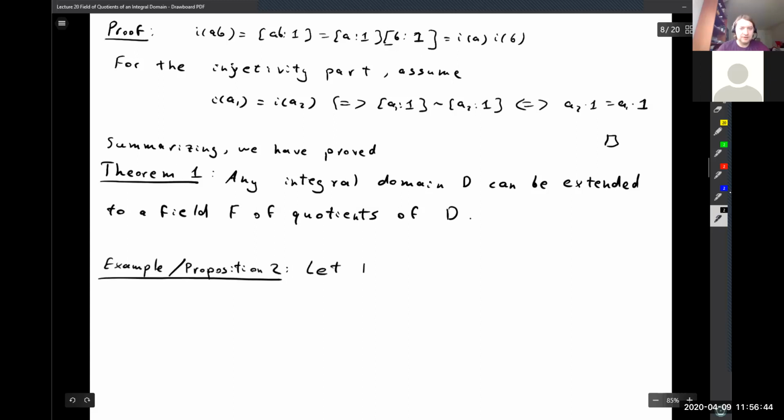Let D be a field. In particular, D is an integral domain.